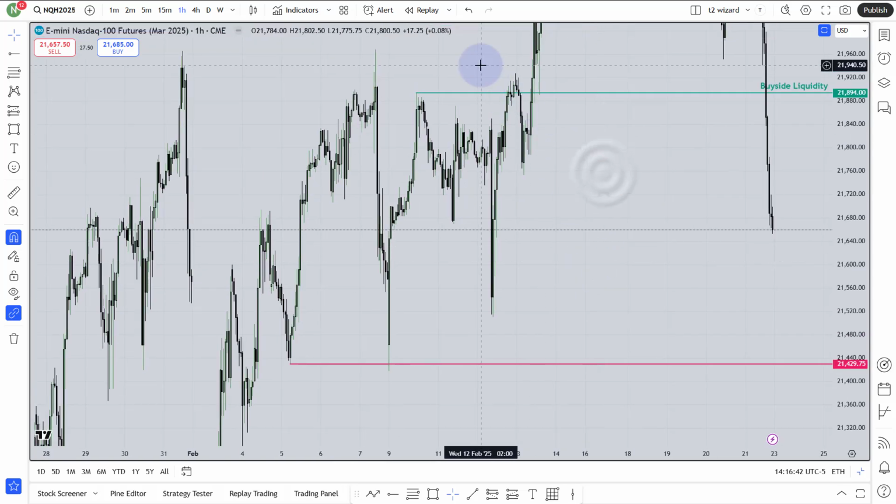We believe that they are going to be taken. This is how we trade these ICT concepts, by marking the liquidity level, and we predict the market move from one price level to another price level depending on that liquidity.